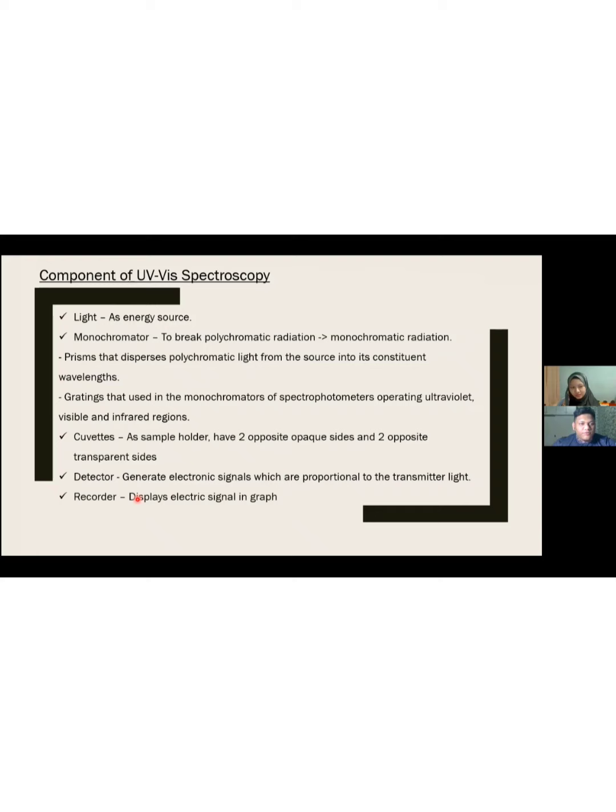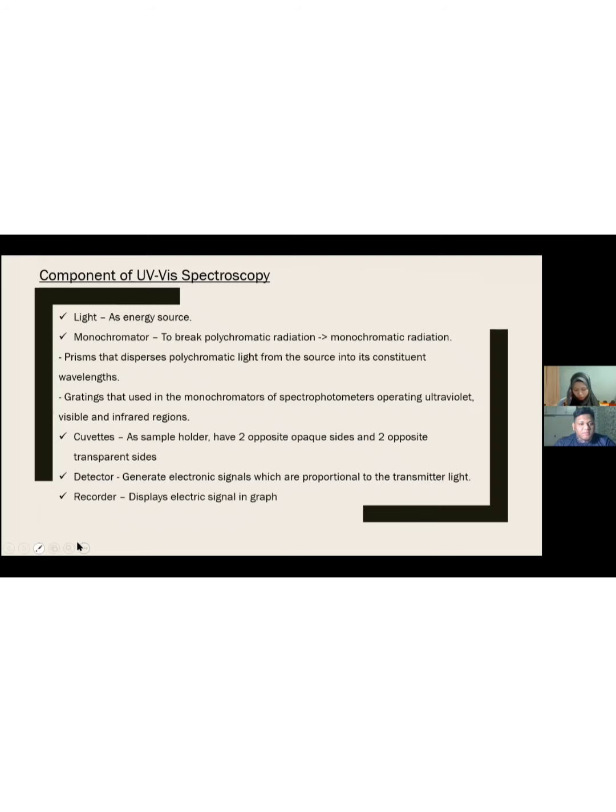Okay, so the components of UV spectroscopy: light as the energy source, and a monochromator used to break the polychromatic radiation into monochromatic radiation. In the monochromator, there are prisms that disperse polychromatic light from the source into its constituent wavelengths, and gratings that are used in monochromators of spectrophotometers operating in the ultraviolet, visible and infrared regions.